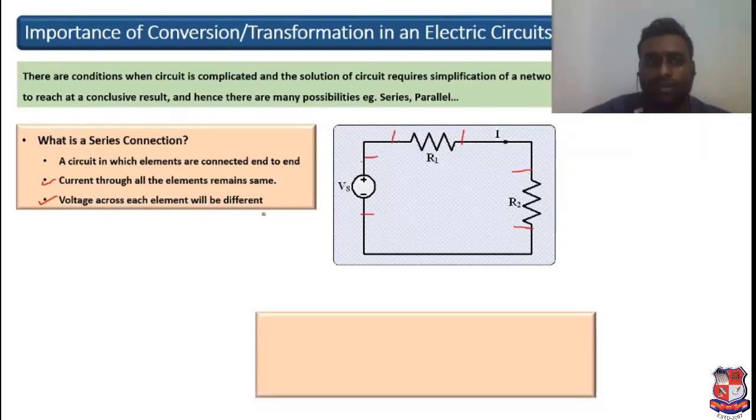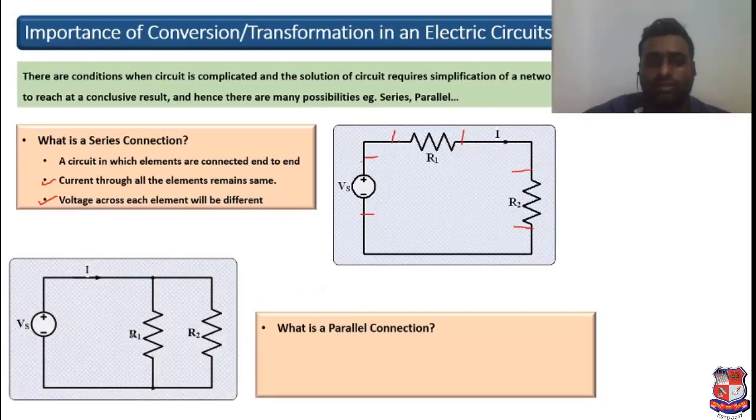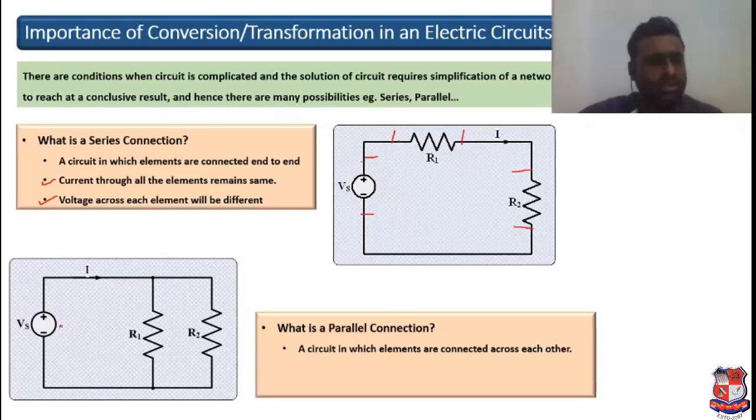We will also see the parallel connection. What is a parallel connection? It is a connection where elements are connected across each other. Here you can see that the current will be divided. The current I flowing will get divided into a current I1 flowing in the resistance R1 branch, and a current I2 flowing in the other branch.